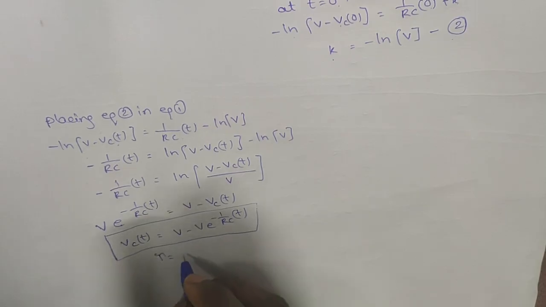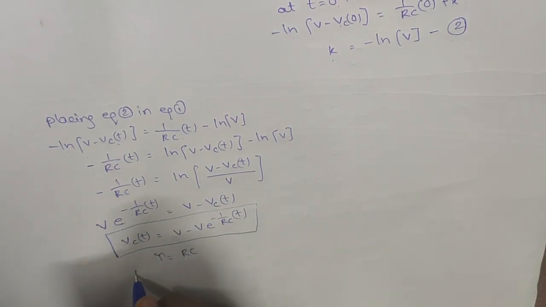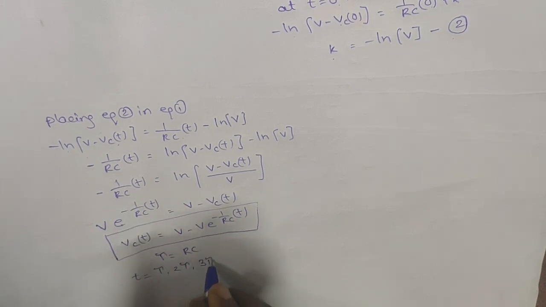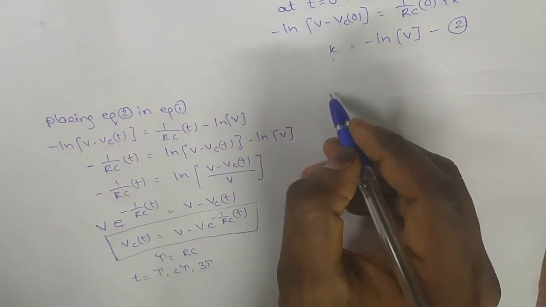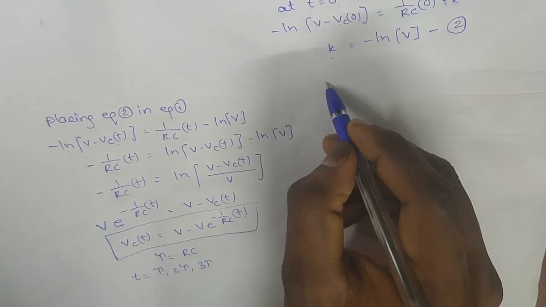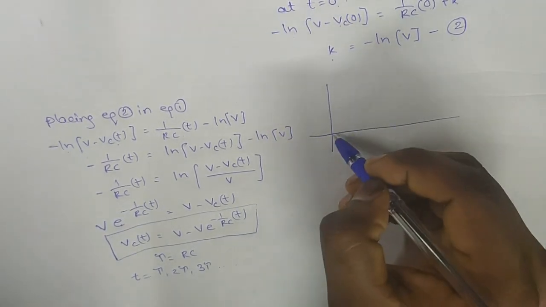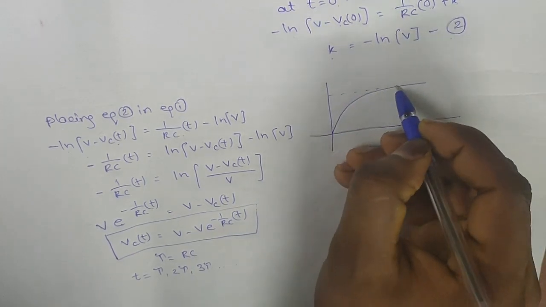Let us take tau is equal to RC. Now, at the instants t equal to tau, 2 tau and 3 tau, if you draw a graph based on this, it will be increasing exponentially.